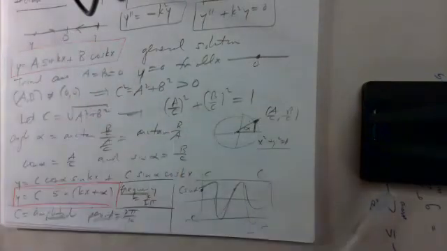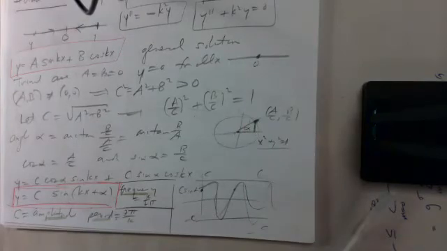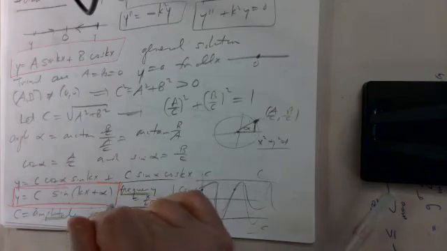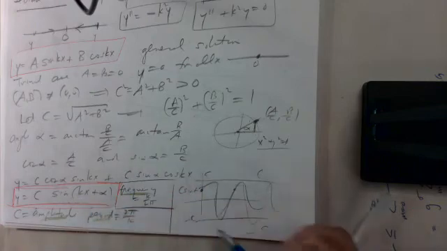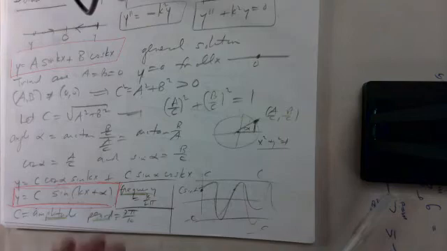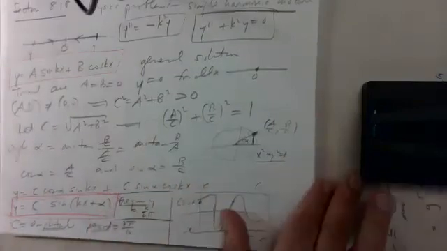It's how far your particle is displaced from this point 0, which is the center of the oscillation. It oscillates according to this way, up and back forever. Any questions about this? This is just solving one of the simplest second order equations.